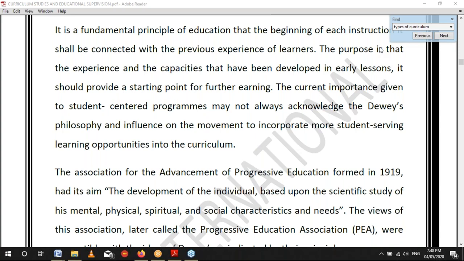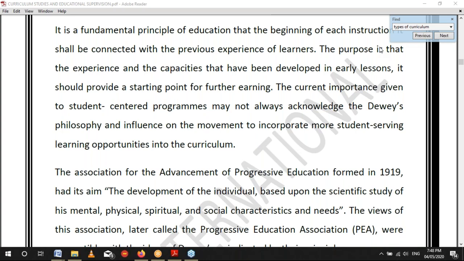Then let's move, before the time is over, to characteristics of activity-based curriculum. One, children's interest determines the educational program.